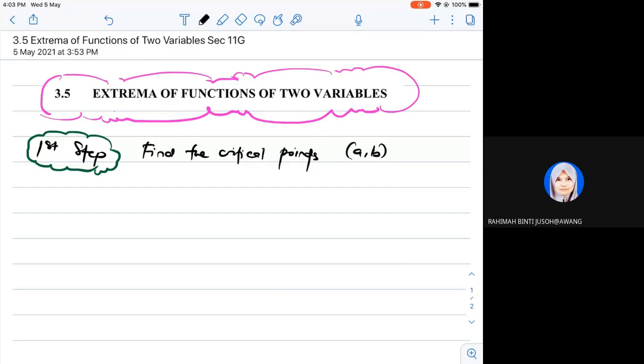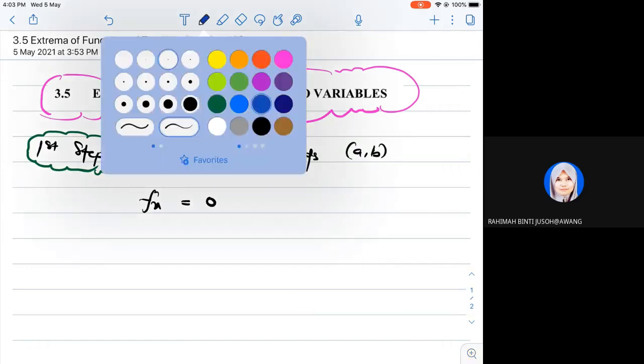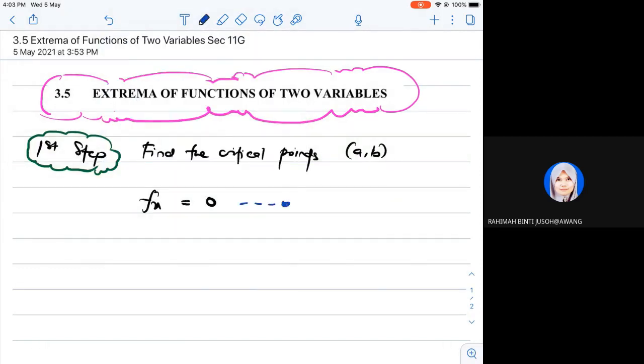So how do we find the critical point? By differentiating f(x,y) with respect to x first, and then equate this with 0. So this will be your first equation. After that, we differentiate the given function with respect to y, and then again equate this with 0. So this is your second equation.